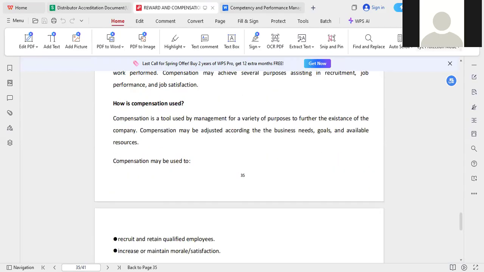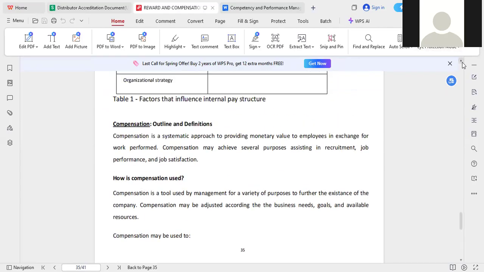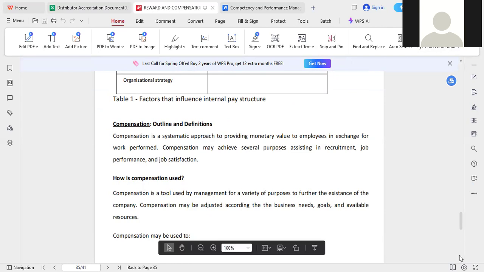Okay, people love compensation a lot, especially when it comes to the work environment. And the reason is because compensation is an approach that provides monetary value in exchange for work that is performed. So if you have done extra time, extra pay comes to you. You have gone on a journey, done an assignment, and based on that, you're expecting extra payment.